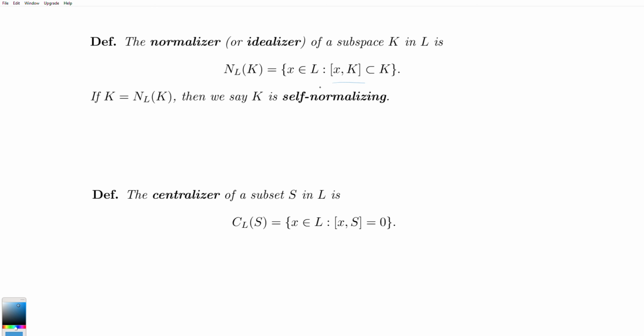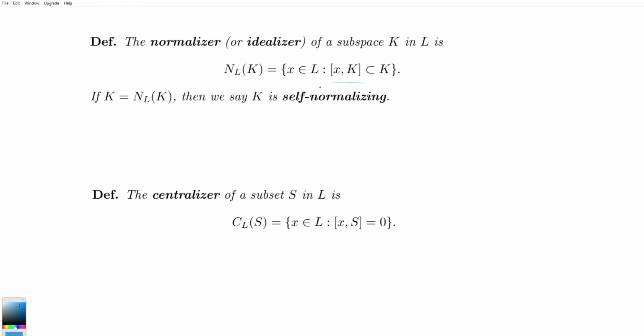So just some remarks here. First of all, the reason we say idealizer is that in the case K is a subalgebra, K sits inside of N_L of K, and K will be an ideal inside of N_L of K. It is the largest thing that makes K look like an ideal.